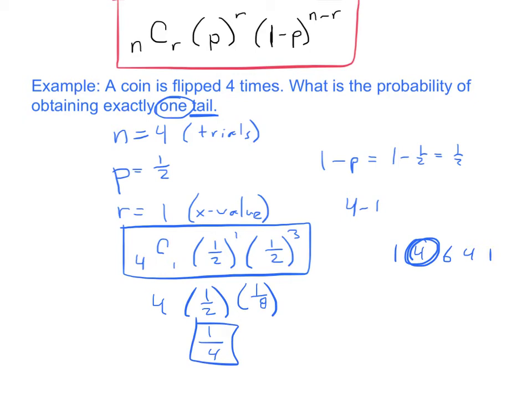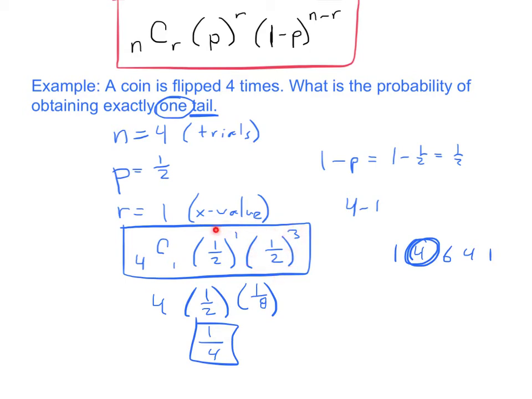I don't want to leave you guys too in the dark on this, because this formula should make more sense than just us plugging stuff in. Take a look at this. What this really says is, hey, the probability of getting tails is 1/2. You wanted to get 1 tail. Okay, if you get exactly 1 tail out of 4 shots, what exactly does that mean? That means you also must have gotten 3 heads.